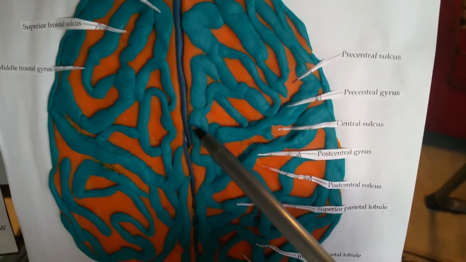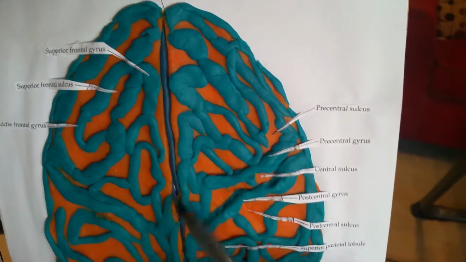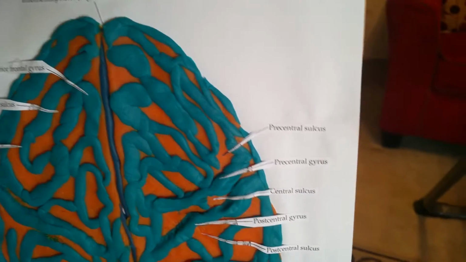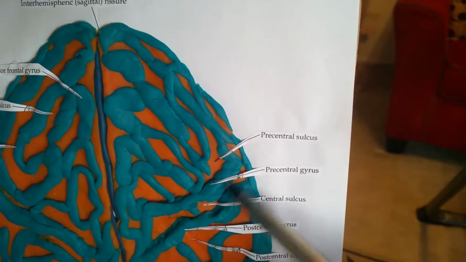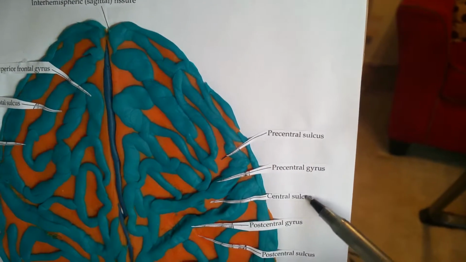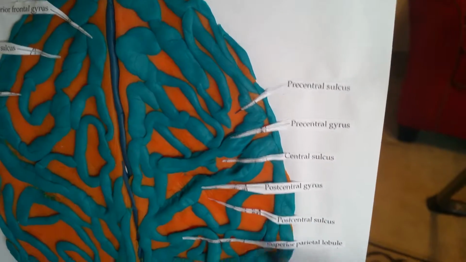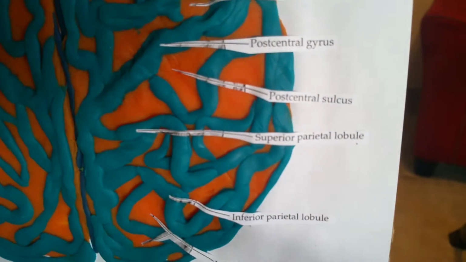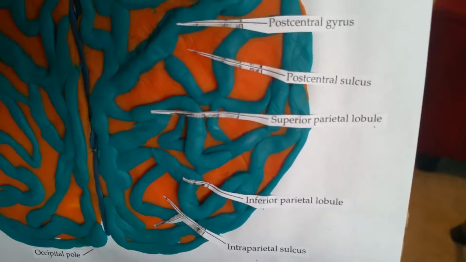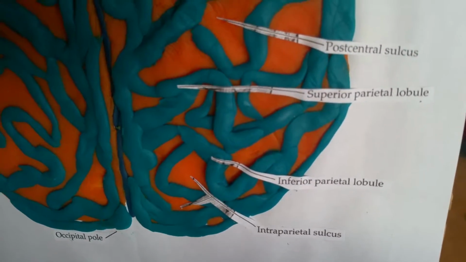Here, we've got the fissure, and I should have indicated that. I made that in a darker color just to make it stand out more. Precentral sulcus, precentral gyrus, the central sulcus, postcentral gyrus, postcentral sulcus, superior parietal lobule, the inferior parietal lobule, and the intraparietal sulcus.